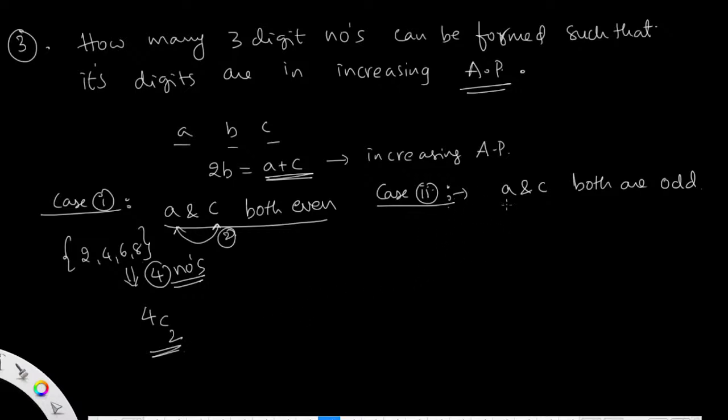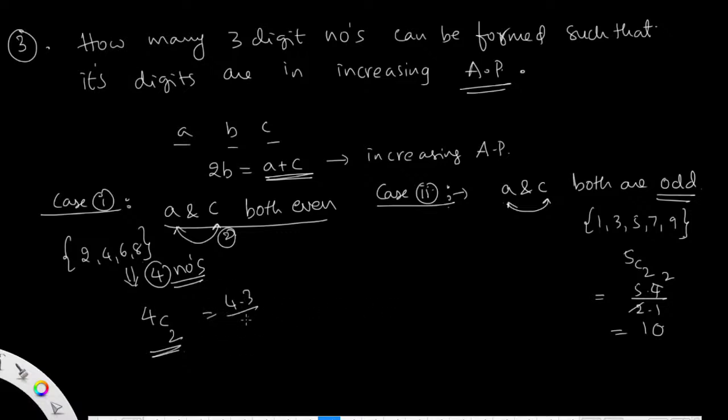Similarly, if both numbers are odd, odd numbers means 1, 3, 5, 7, 9. From these we can select 5C2, which is 5 into 4 by 2 into 1, that is 10. Here 4C2 is 4 into 3 by 2 into 1, that is 6. Therefore, total number of ways is equal to 10 plus 6, that is 16 ways we can get.